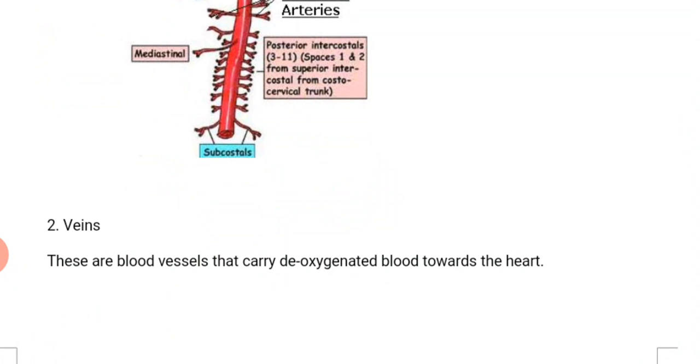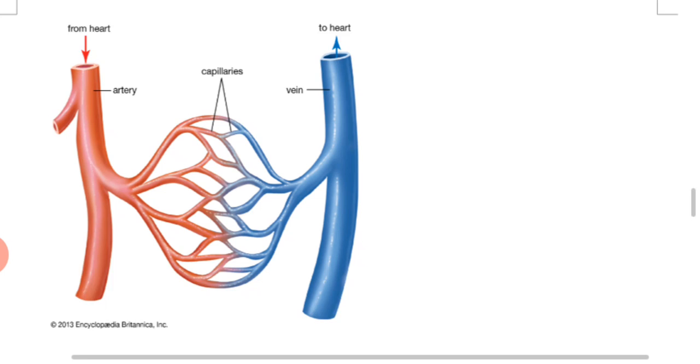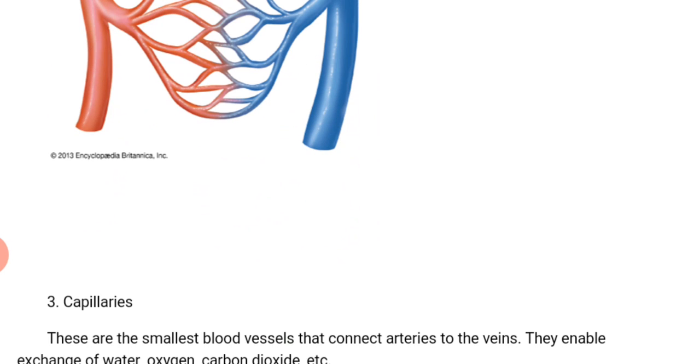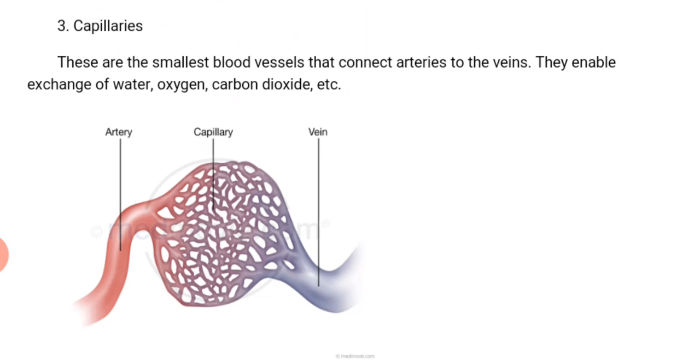And the third type of blood vessel is called capillary. We said capillaries are the smallest blood vessels that connect arteries to the veins. They also enable the exchange of water, oxygen, carbon dioxide, food nutrients, and so on, between the artery and the veins.